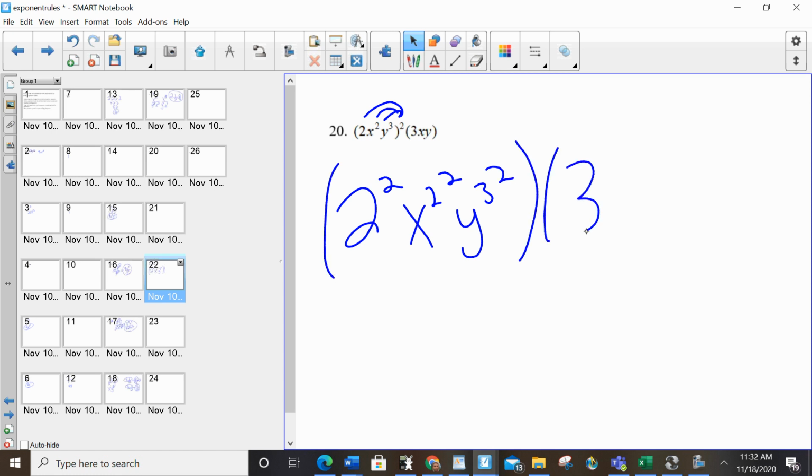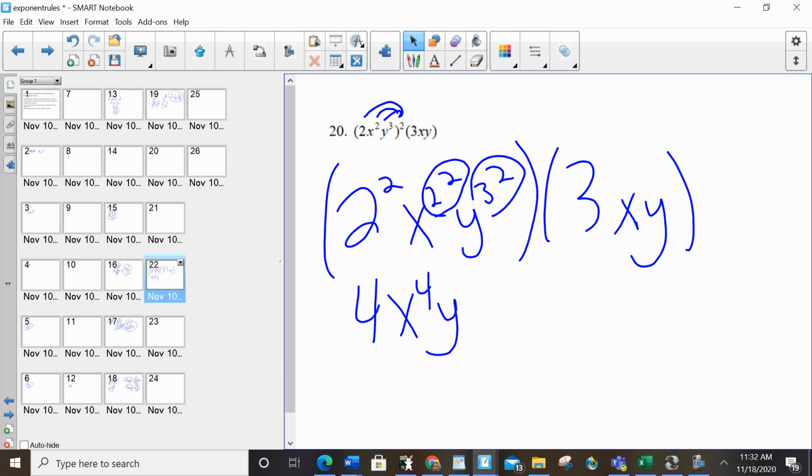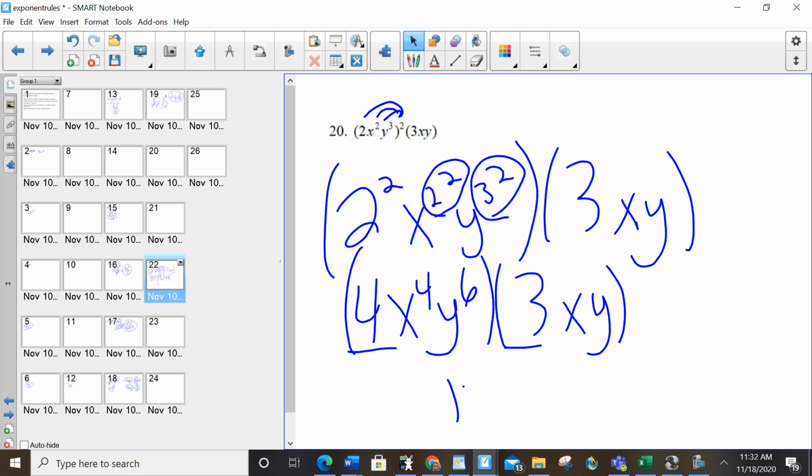That gets rid of the exponent outside parentheses. 2 to the 2nd is 4. X squared to the 2nd, we multiply our powers. Y to the 3rd to the 2nd, multiply the powers. And now that you dealt with that, to multiply, we multiply the coefficients, and we add our exponents. And that would be your answer.